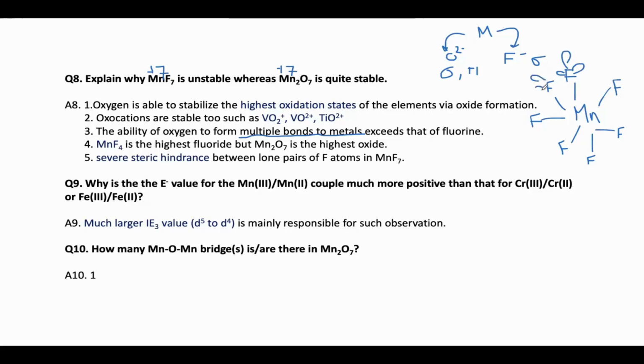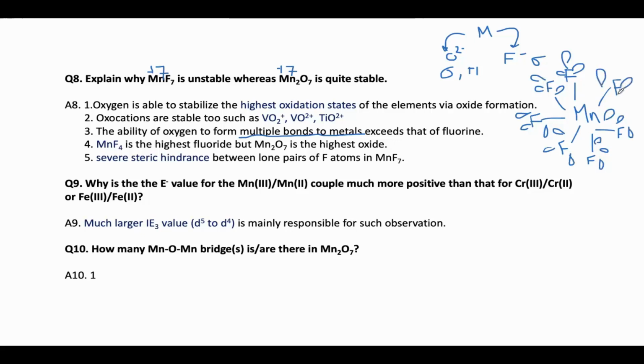And since the fluorine atom is also small in size, all these lone pairs of electrons will cause severe steric hindrance among these fluorine atoms. This lone pair repulsion will actually destabilize the entire system.